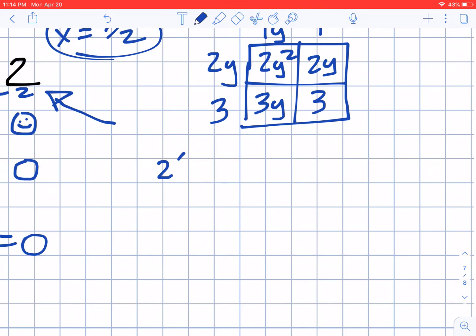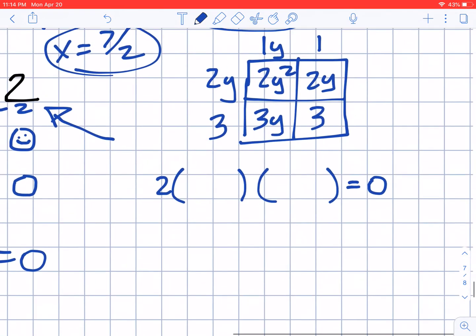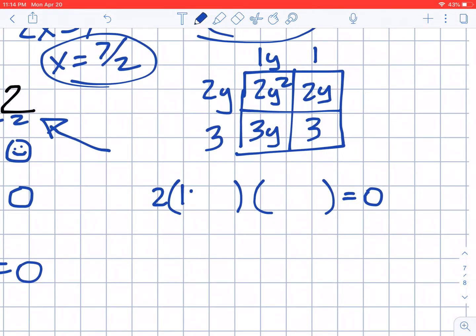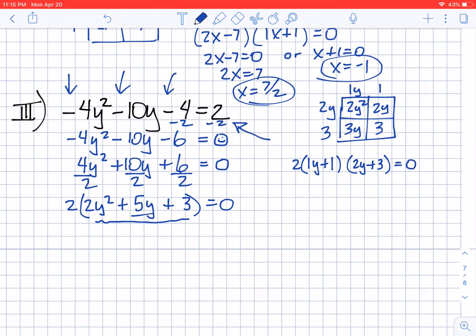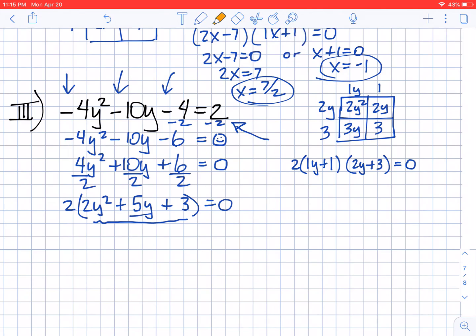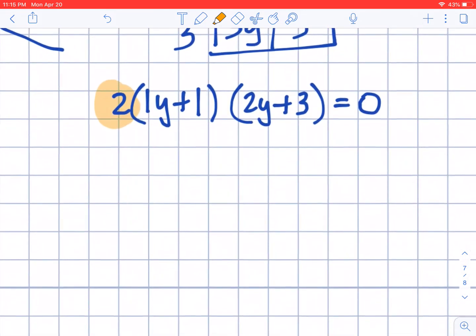Now again, don't forget about the 2. Except now we've broken it up into 1y plus 1 and 2y plus 3. Yeah? Again, that 2 initially was that 2 that we pulled out. Okay.